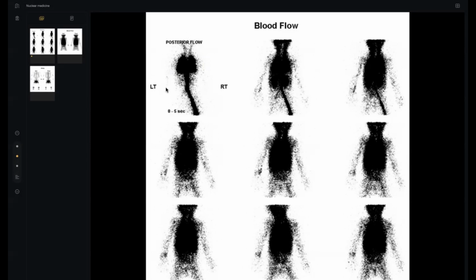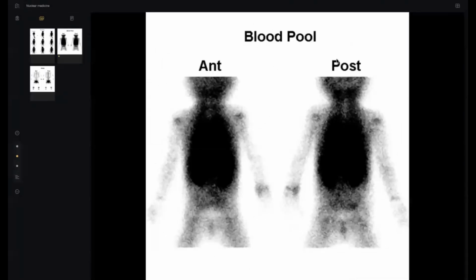I don't know why the uptake here is more than here. Anyway, there is a discrepancy between here and here. Here, anterior and posterior, I think this is the opposite.